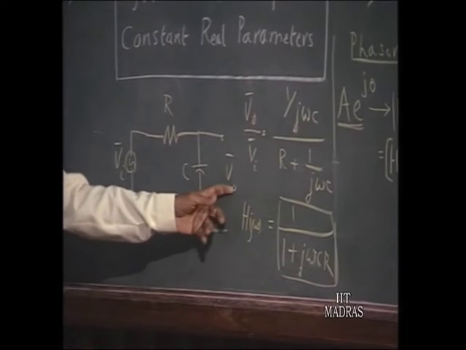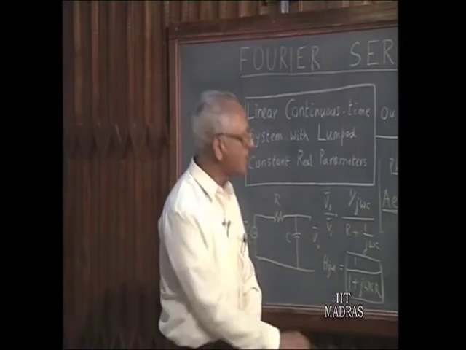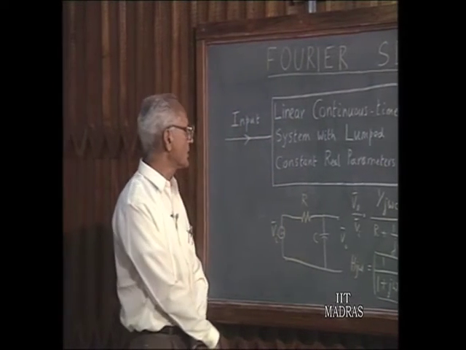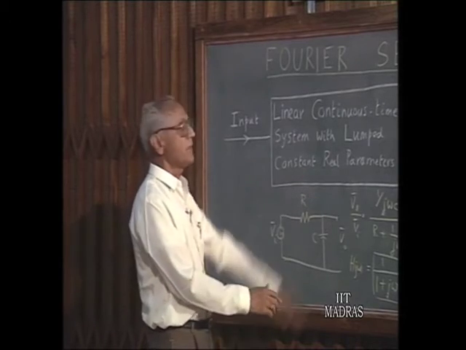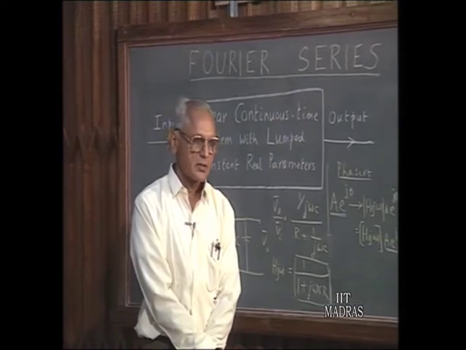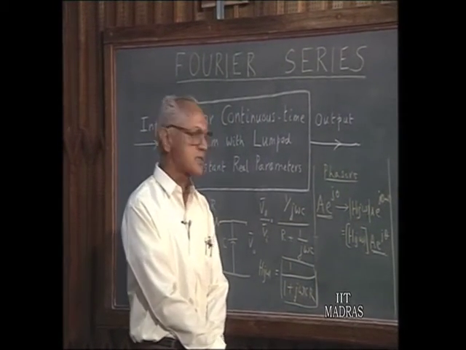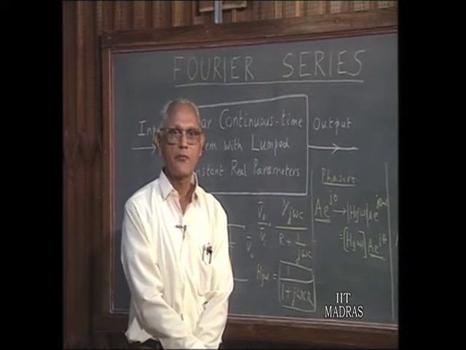Once you identify this as the output and this as the input, that is our system function. So, analysis of systems of the type that is described here under sinusoidal excitation becomes almost a kind of mechanical, algebraic procedure, instead of our having to deal with differential equations.